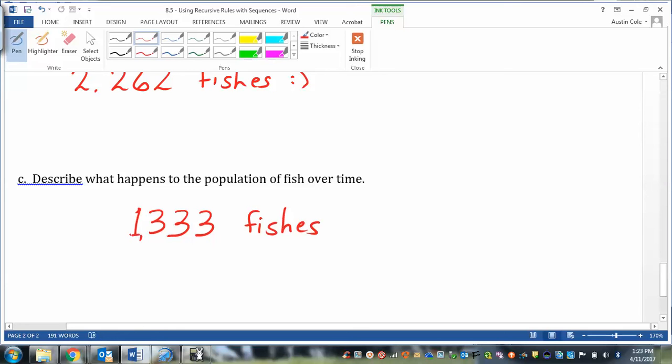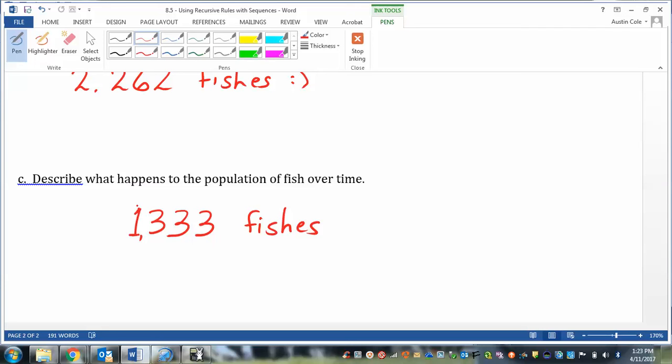Wait, so do we have to do like the 0.3? We get the idea, but usually we round to the nearest fish. Okay? So like Ralphie said, there's an asymptote there. According to this recursive rule, we're never going to get below 1,333 fish.